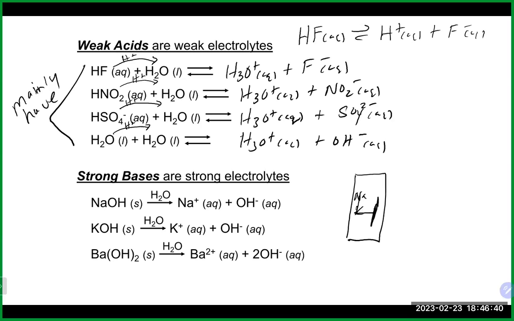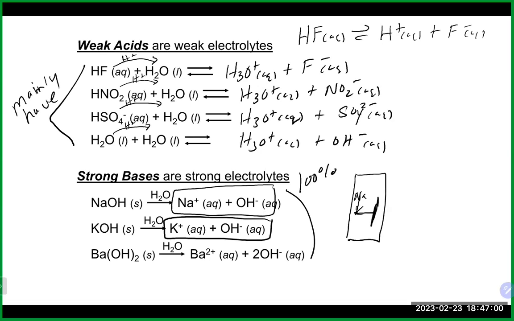Any of those with hydroxide, a lot of them are strong bases, which means they do 100% break apart in solution. They are strong electrolytes, so pretty much 100% of what you have going on is on the product side, everything that will be in solution. You'll have none of these still really there in solution.